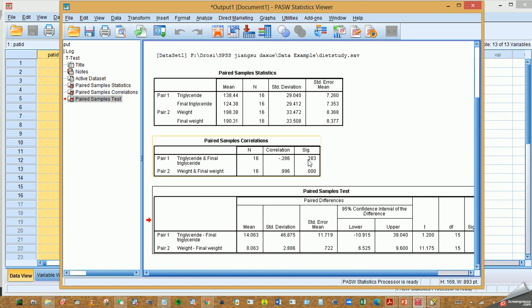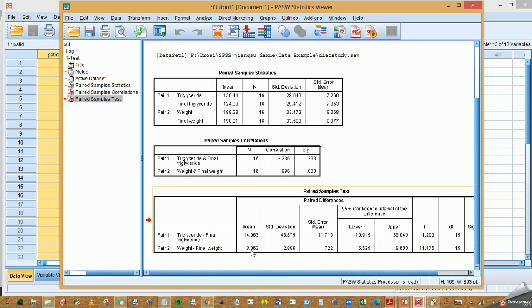Several patients lowered their levels of triglyceride, but some others didn't change, or maybe some of them increased their levels. So overall it's lower, but it's not trustworthy. It's not statistically significant.